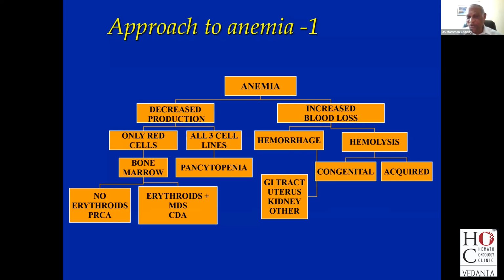Only red cells, go to the bone marrow. No erythroids in the marrow, diagnosis, pure red cell aplasia. Erythroid cells, plenty in the bone marrow, yet the patient is anemic. These cells are not maturing. So you're most probably dealing with a myelodysplastic syndrome or a congenital dyserythropoietic anemia.